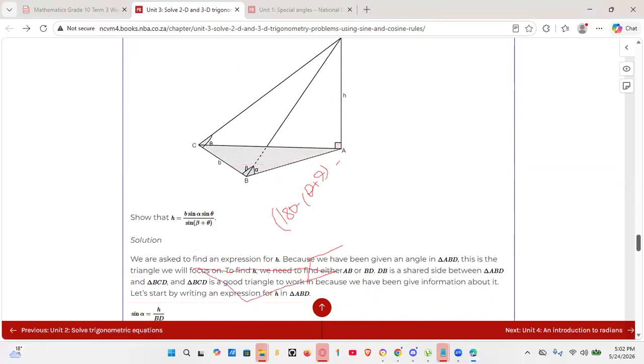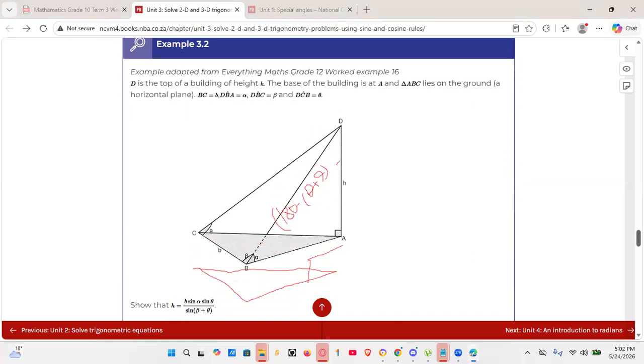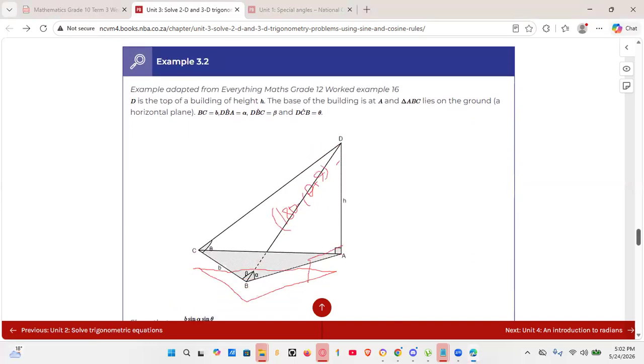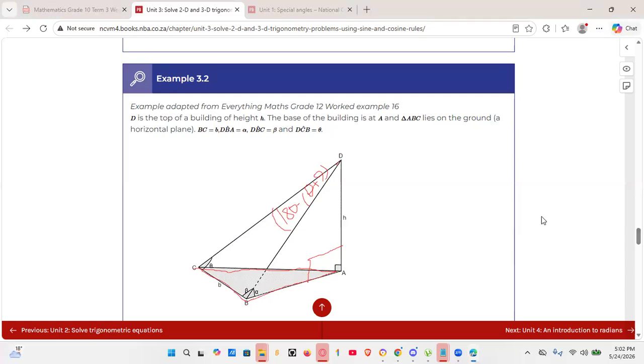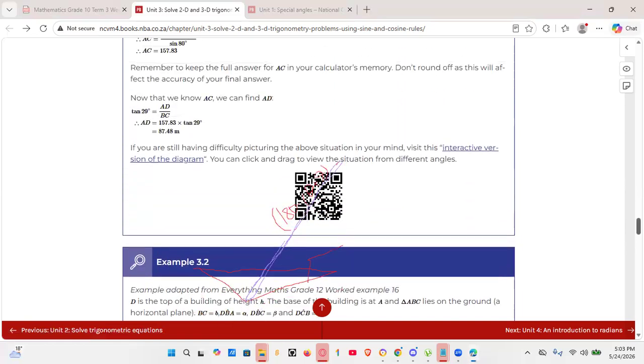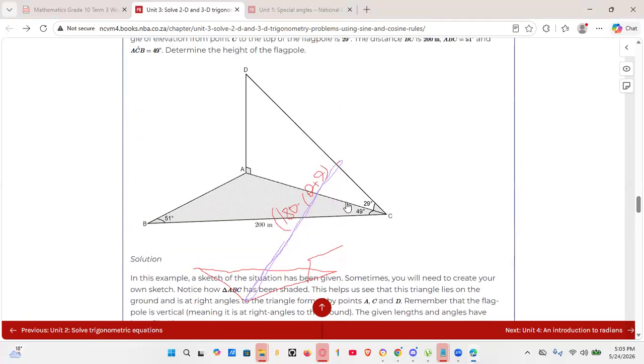Then we want to find H. So H has to be in a right angle triangle with alpha. You always want to look at the side that connects them. So the side that connects your two triangles is this one. The connective tissue is this one. Now, previous question, our connective tissue was this one here.